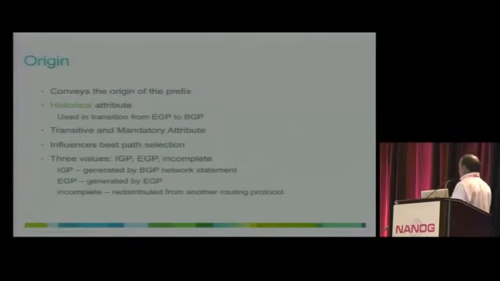So it is a transitive mandatory attribute. IGP is preferred over EGP, and EGP is preferred over incomplete or unknown. So actually the right term is incomplete. Obviously EGP is no more there, so the two values are incomplete or IGP, and IGP is preferred over incomplete.